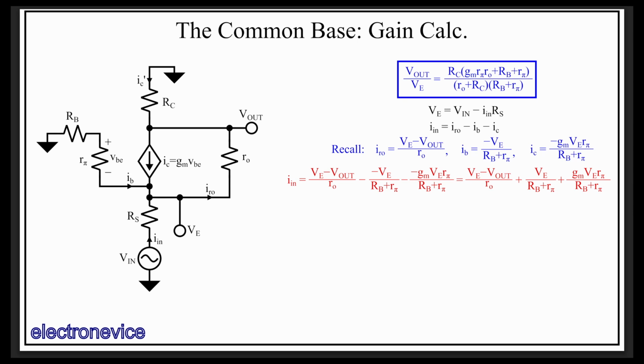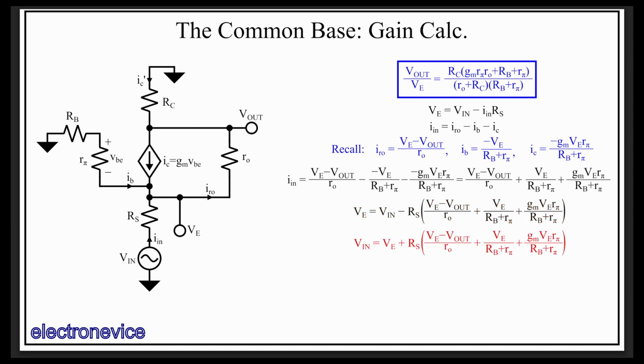Once we have this expression for In, we plug it into the expression for VE above, and now we have an equation that just has Vin, VE, and known parameters in it. But we still need to get an expression for VE in terms of just Vin and known parameters, so we have to go through another wall of algebra.